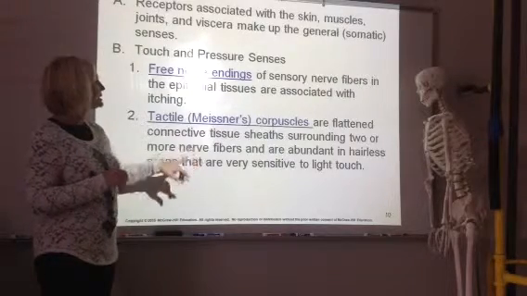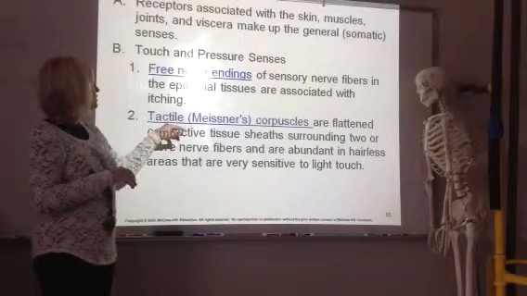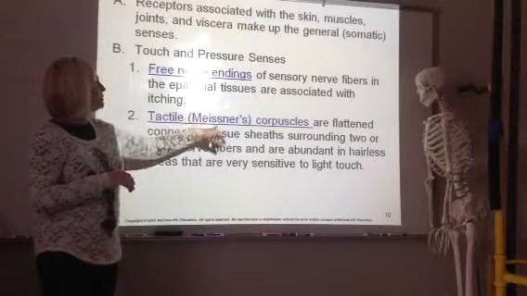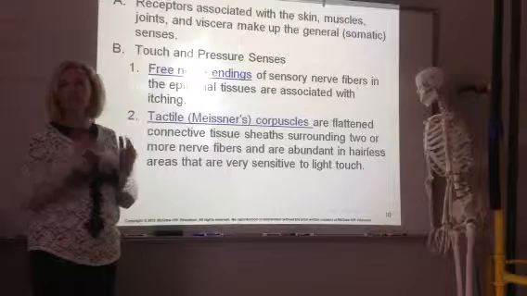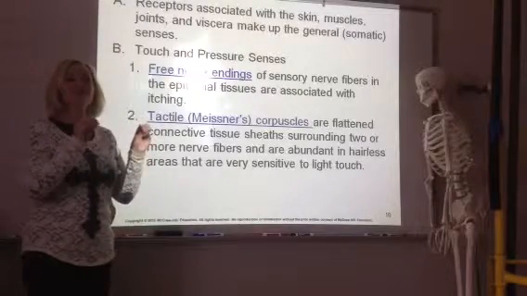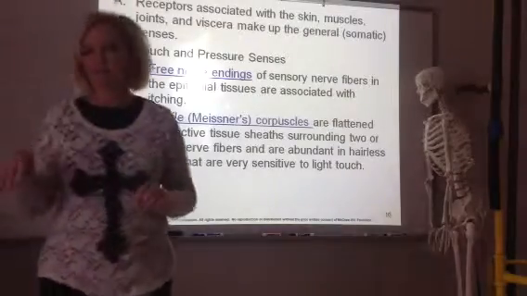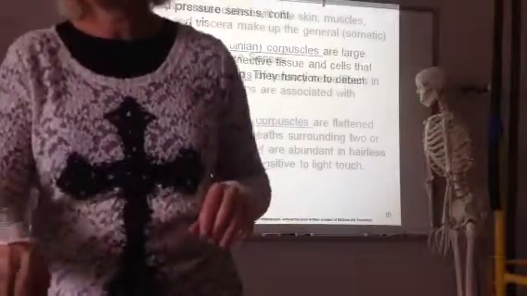They're abundant in hairless areas and are very sensitive to touch. So tactile corpuscles are going to be very touchy touch receptors. They are going to pick up fine touch or a light touch.